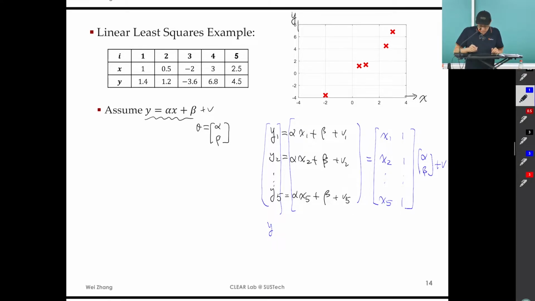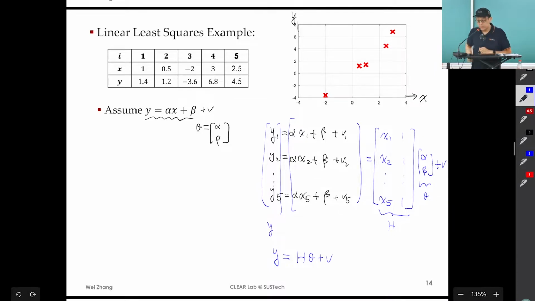So basically this is my theta. I call this matrix h. Roughly I find a relation, h theta plus v. That's my relation. What are the knowns?